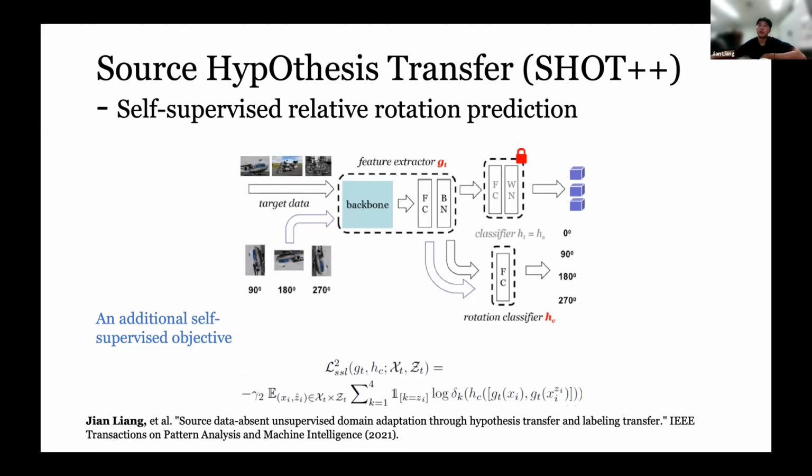For an image, we can rotate the image into different degrees, and the classifier tries to recognize which degree the image has been rotated. So there is a 4-class classifier here that tries to recognize the rotation degrees, and this corresponds to the objective here, which is also another classification loss. Okay, next page.